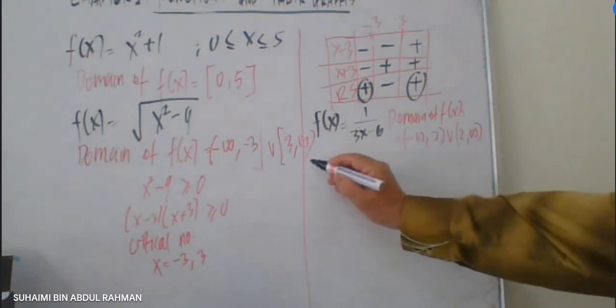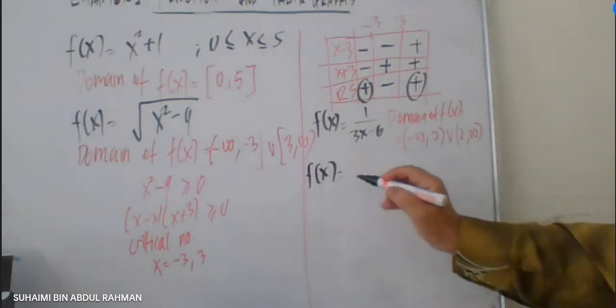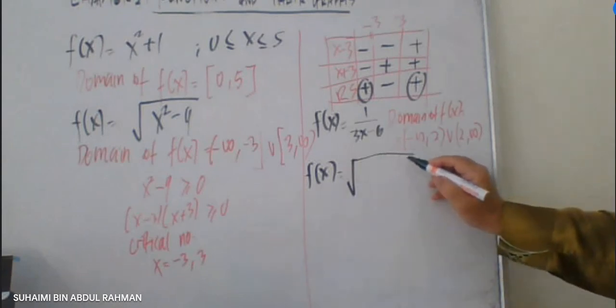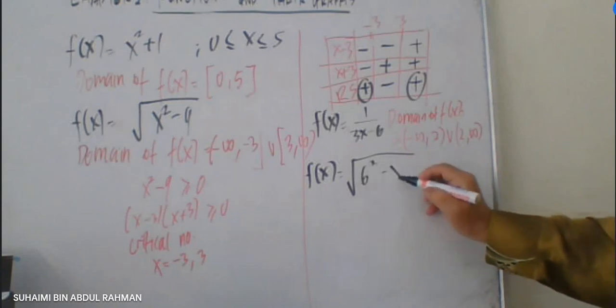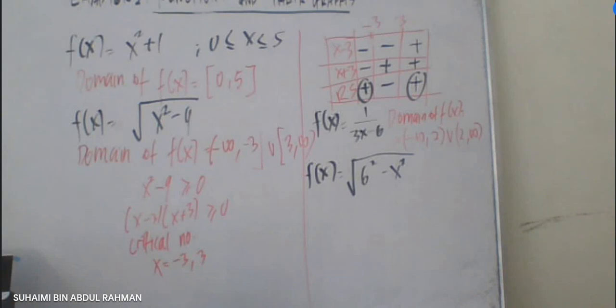Let's say we have the function f(x) equal to the square root of 6 squared minus x squared. What is the domain of this function?